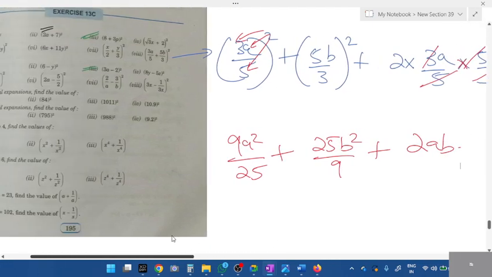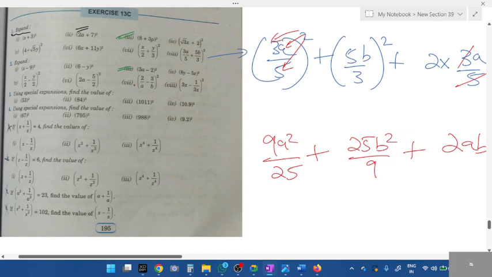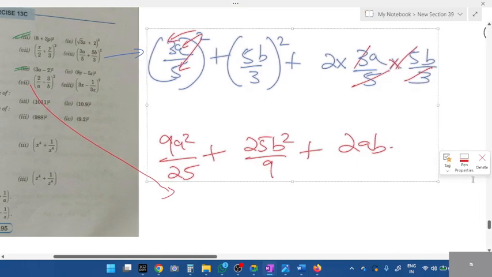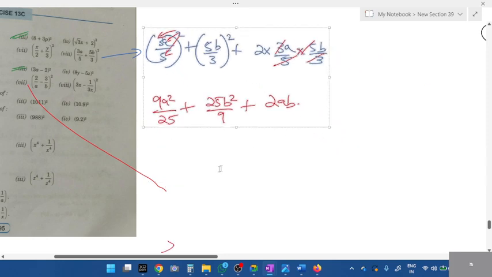Okay, I want you all to try one question. Try this seventh one. First go through whatever I've written, students. First go through. Don't make silly mistakes.